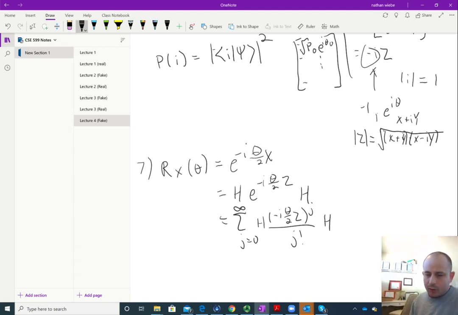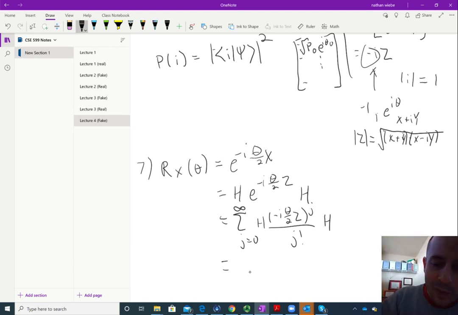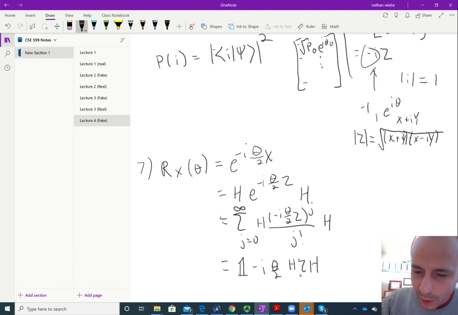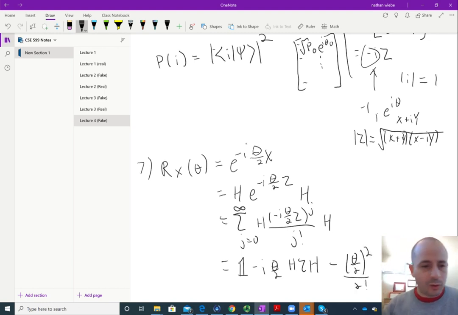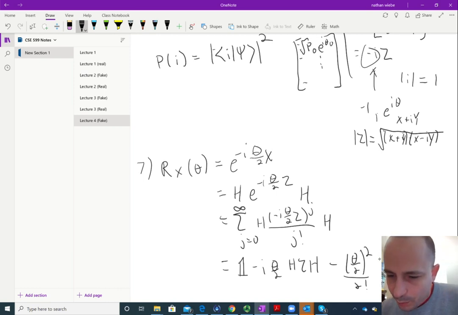Now, note that if we expand this out, we would end up getting I minus i theta over 2 Hadamard Z Hadamard, minus theta over 2 squared over 2 factorial Hadamard Z squared Hadamard.